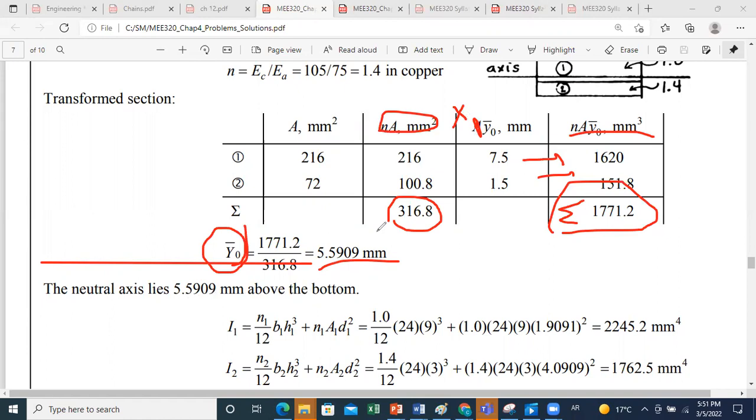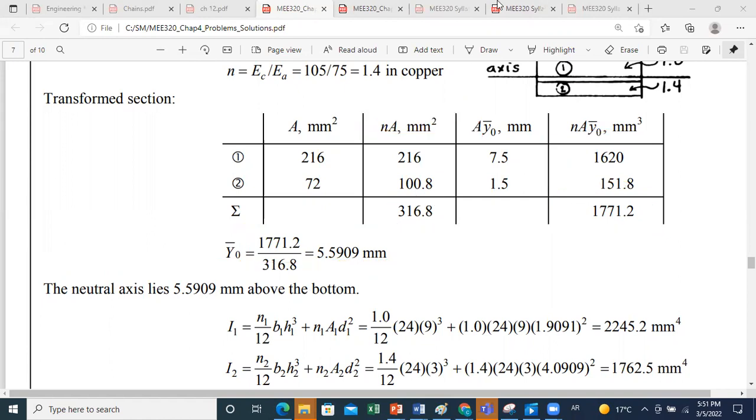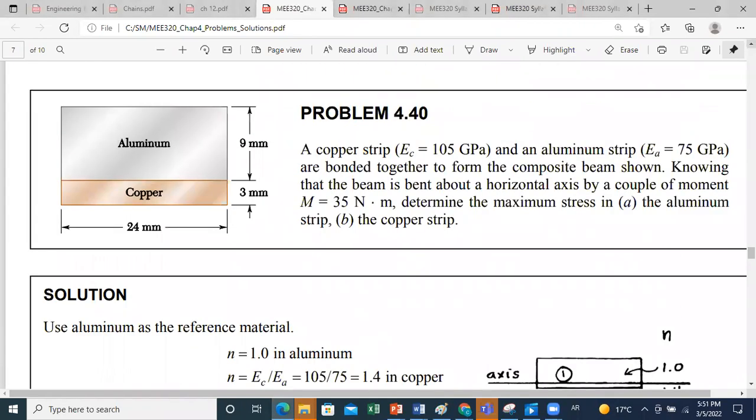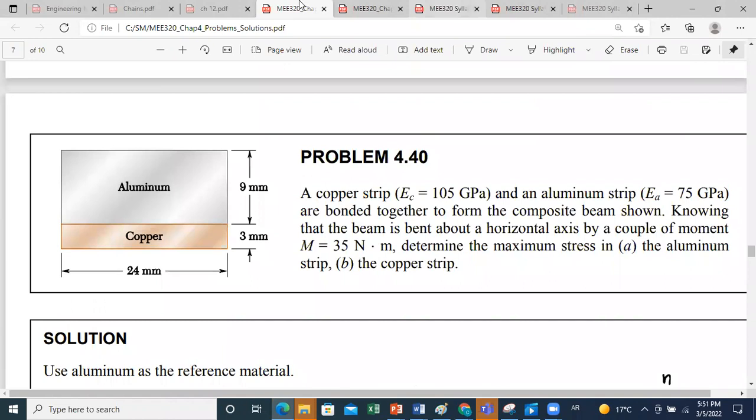And once we specify this, we need to determine the distances between the neutral axis and the axis passing by the centroid of the two parts, area 1 and area 2. For area 1, n times area 1, n times area 2 if you want, after multiplying by n, the centroid will remain in the same location because we modified the dimension parallel to the neutral axis.